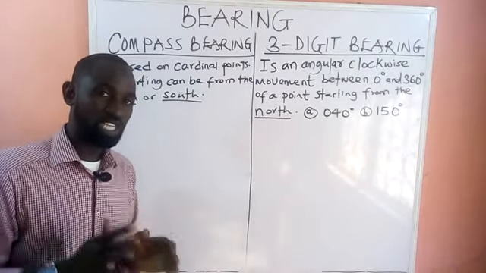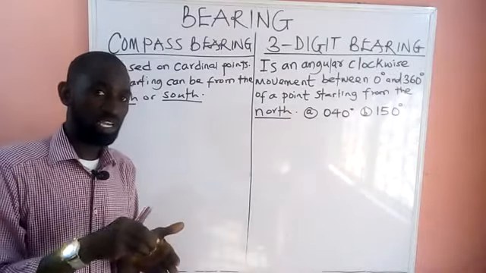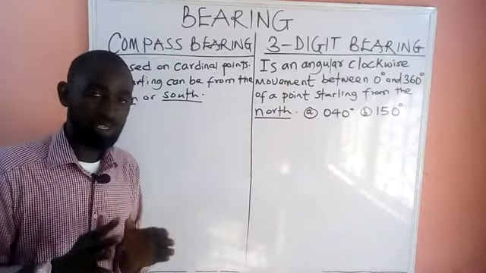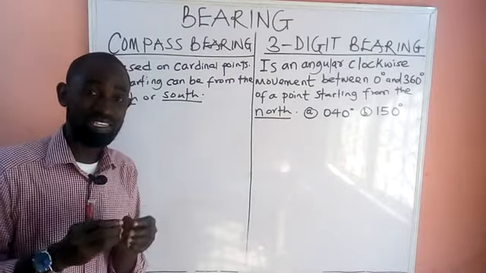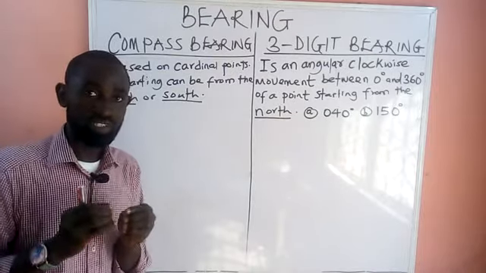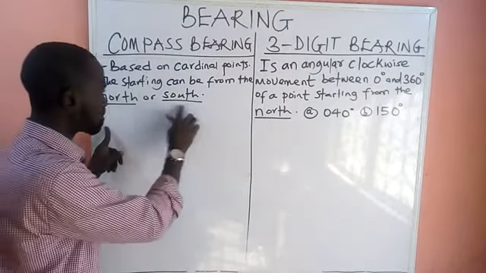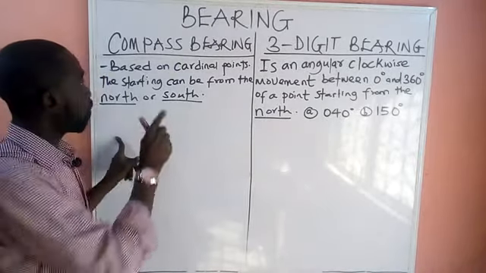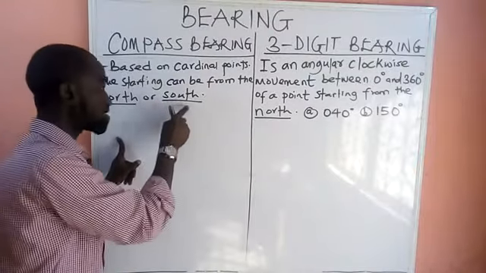Class, please, I want you to take note of what I'm trying to lay emphasis on here. If you understand this concept, bearing is just an aspect of mathematics that is very easy to understand. I have to underline this north or south because the starting point of a compass bearing is from the north or the south.